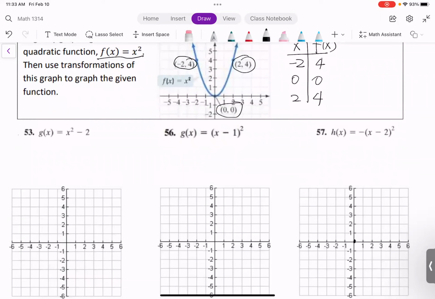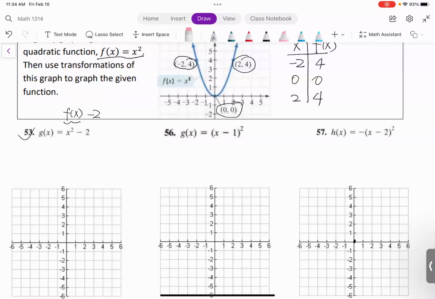Okay, so number 53, g of x equals x squared minus 2. In 2.5, we learned that if we have the f function and then subtract 2, that means we move all the points down 2 units, because the y values decrease by 2. Now we know this is f of x, and then subtract 2.